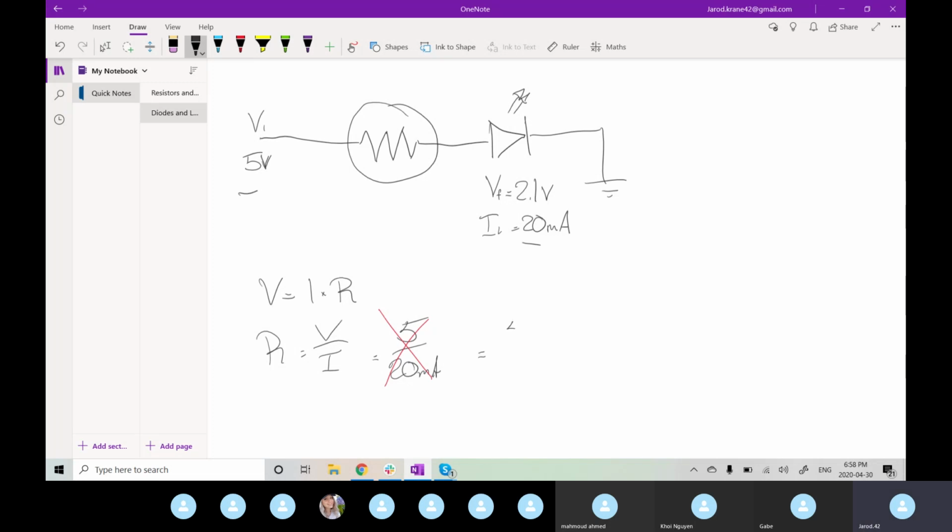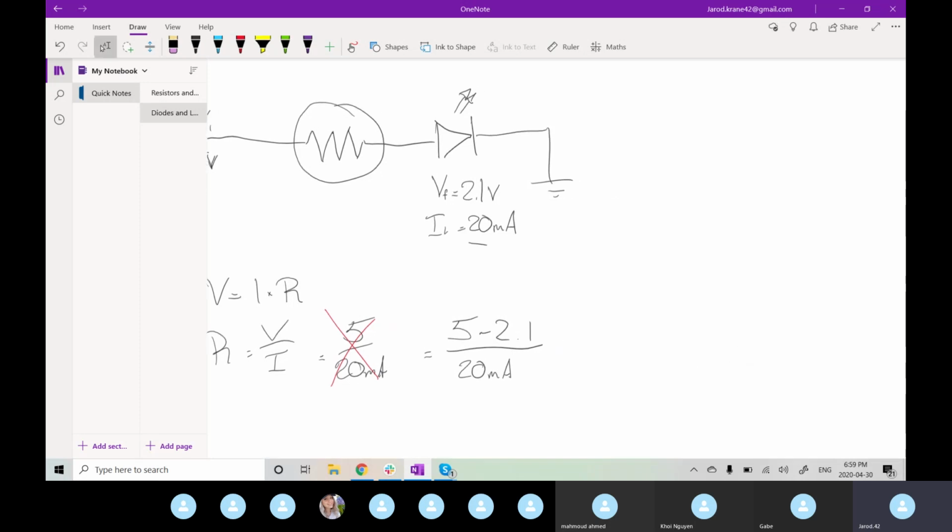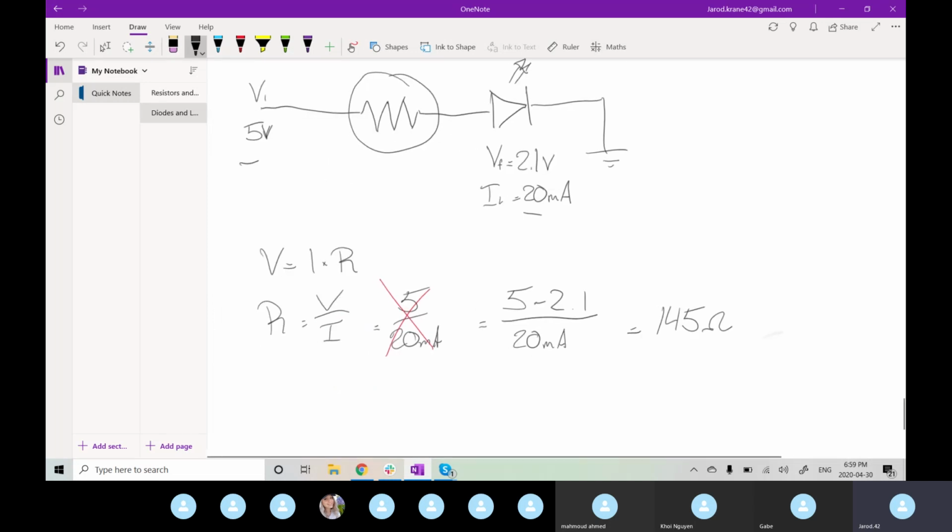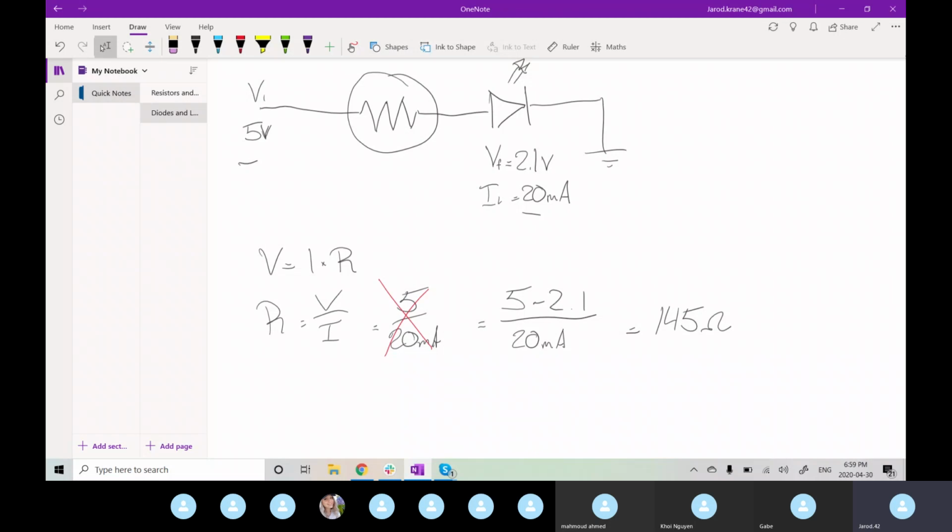So the true system is you take your input voltage minus your voltage drop, over the 20 milliamp current limit that you have on the device. And in the end, we can find that we need 145 ohms or larger to be able to properly run this LED.